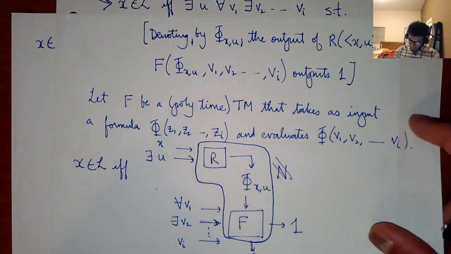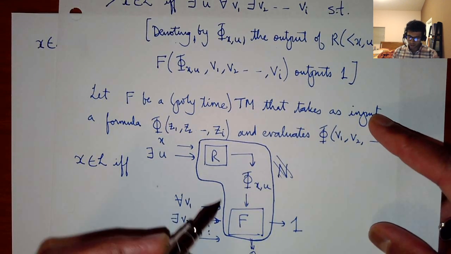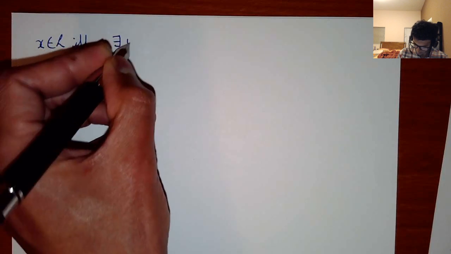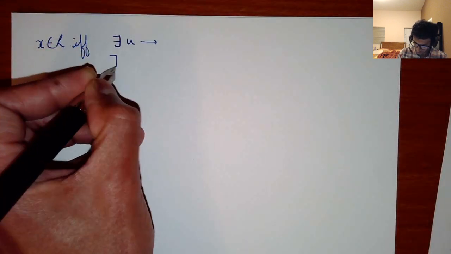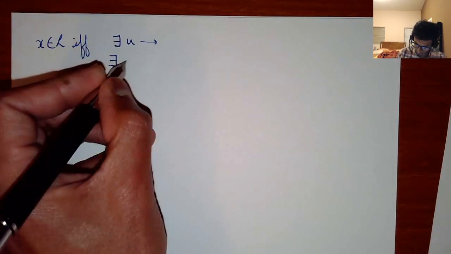And what I'm going to say is, let me write this in the following way: if and only if there exists a U, there exists a phi.